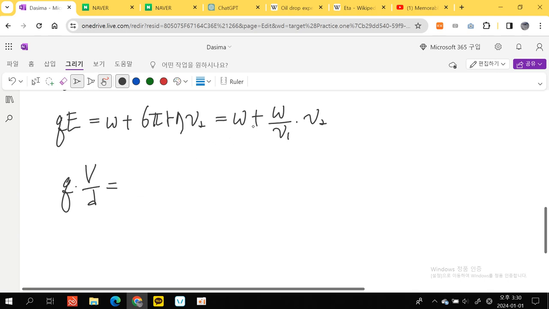And we can factor the right expression with the weight. So now we have the expression for the electrical charge of the oil drop.